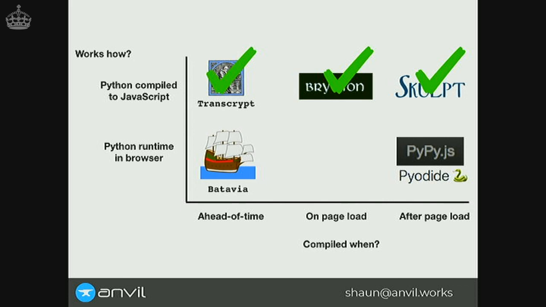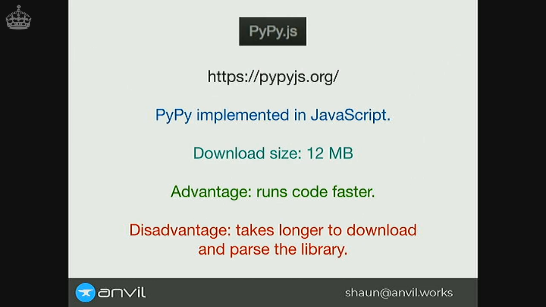But PyPy.js found a way around that. So instead of basically rewriting Python, which would take years, they recompiled PyPy to work in JavaScript. So they took the C part of PyPy, and they shoved it through this C to JavaScript transpiler called Emscripten. So that gives you a JavaScript version of PyPy.